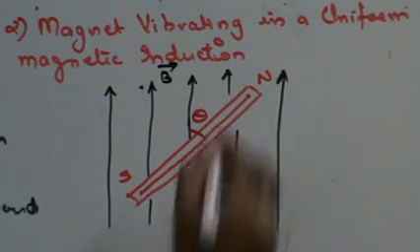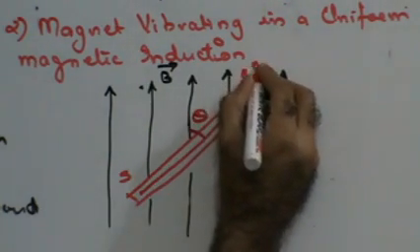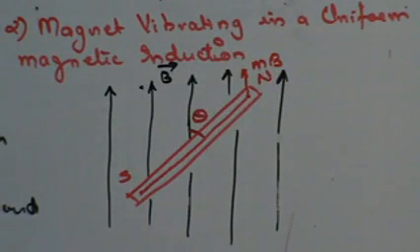The force on the north pole will be M into B, that's pole strength into external magnetic field. The force acting on the south pole will be in the opposite direction and will again be M into B. These are two forces equal in magnitude and opposite in direction acting at different points, and they give rise to torque. That means when a magnet is kept in an external magnetic field, it will result in torque.